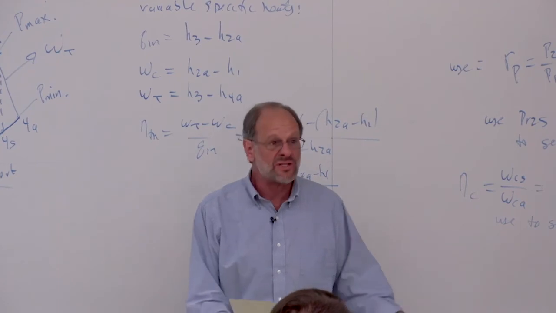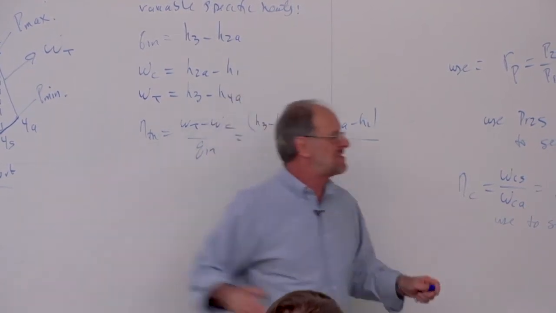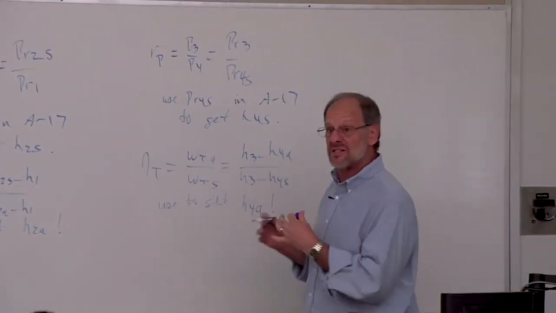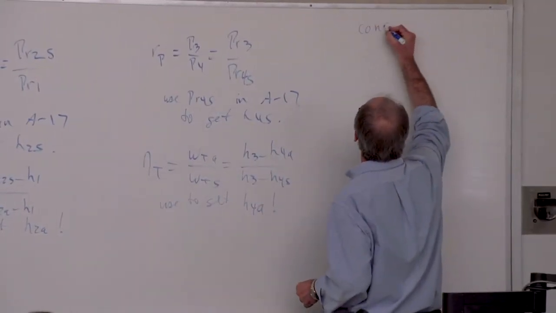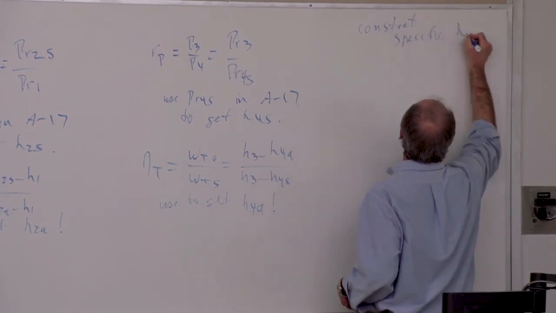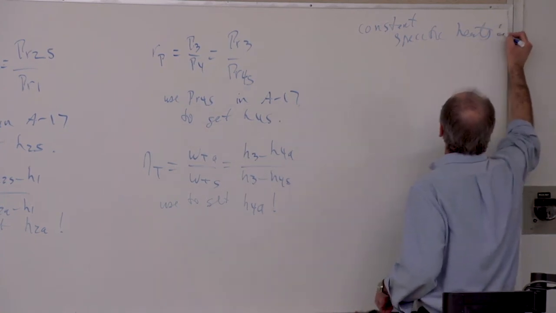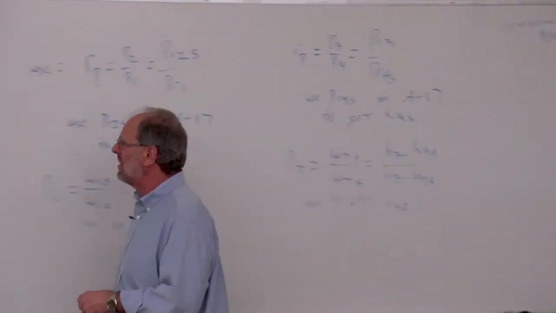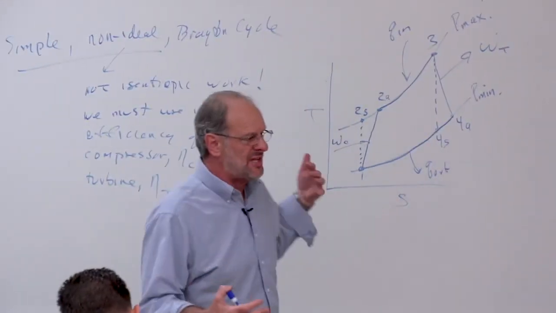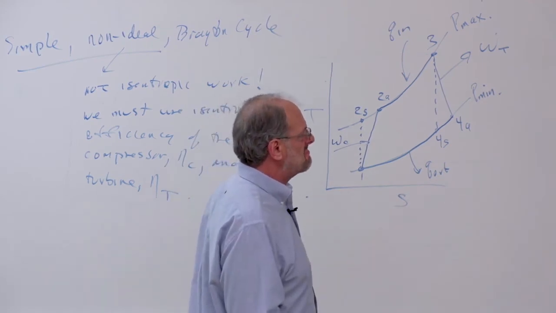So any questions at this point? Okay. Which really then just leaves us with one more special case, which is now constant specific heats. So let's note first of all that no need to change my diagram, no need to change the schematic diagram or the realistic diagram.